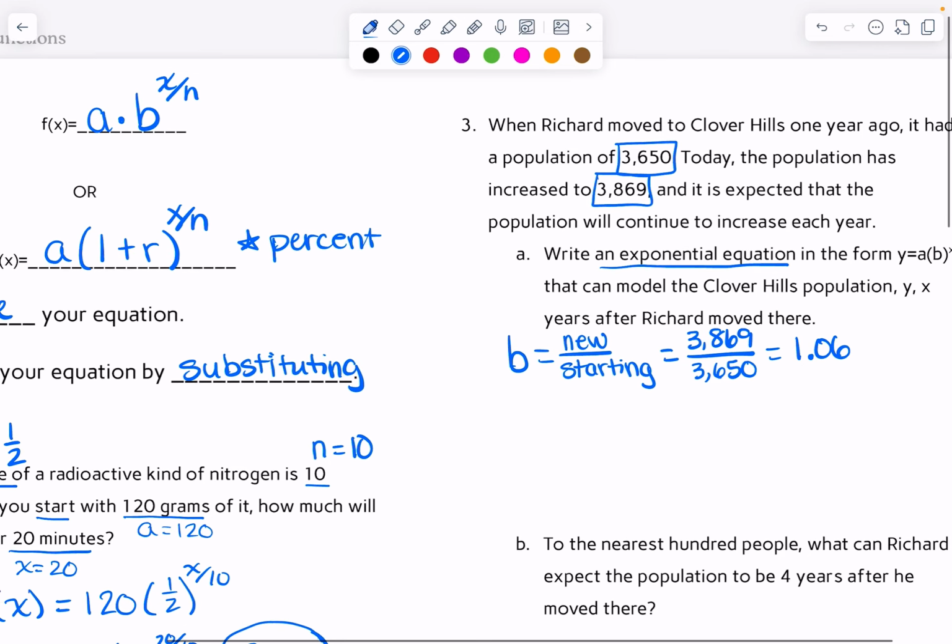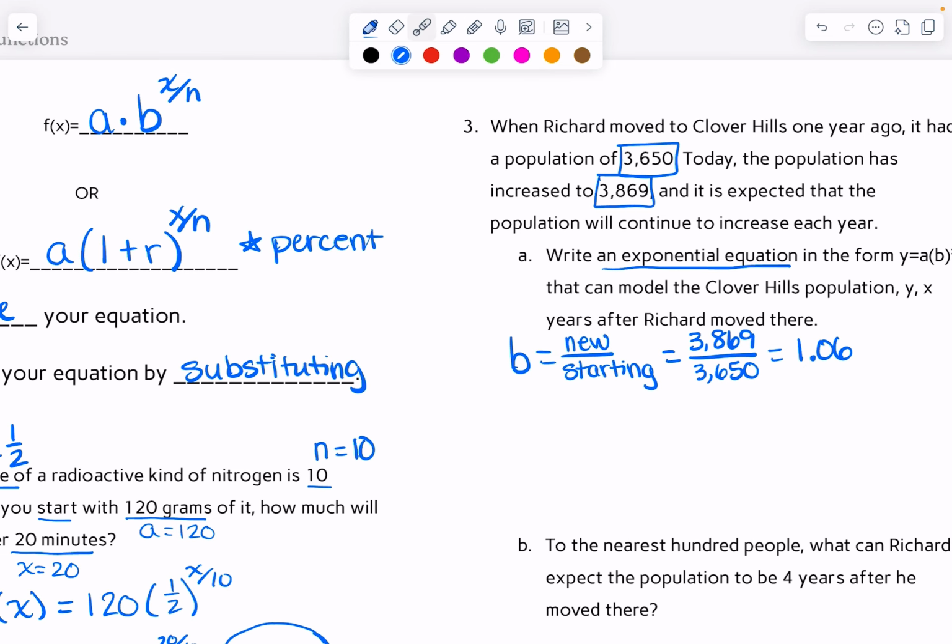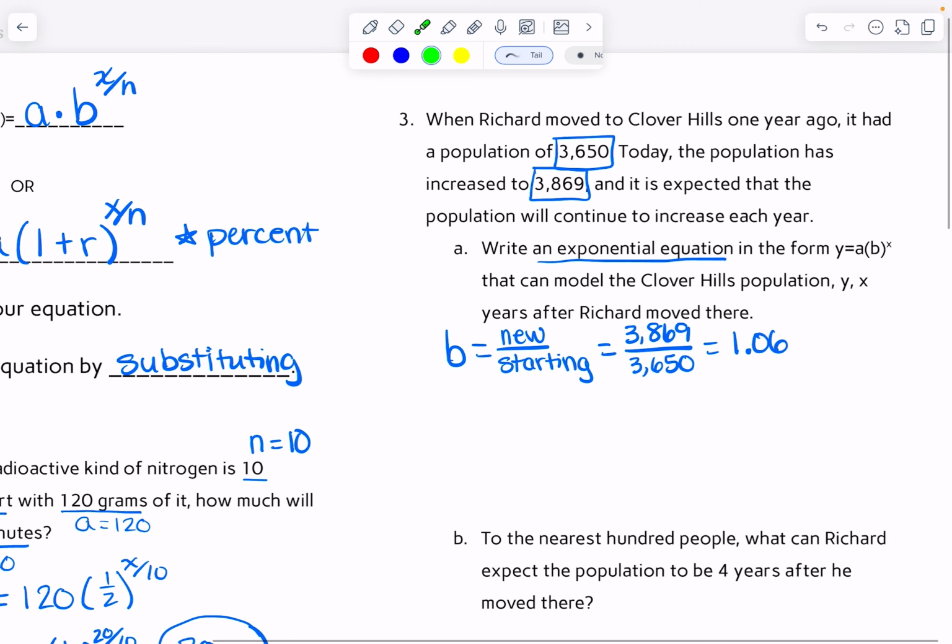When we're using the format for an exponential equation, in this case, when I see a decimal like this, I like to think about this second format, a times 1 plus r to the x over n. So my 1 plus r, my base, is this 1.06.